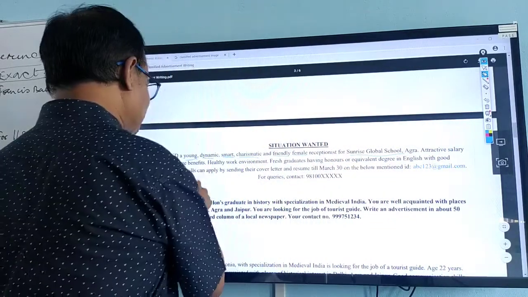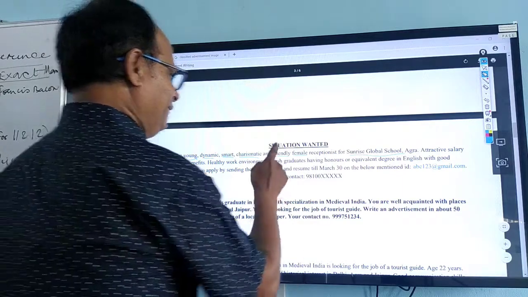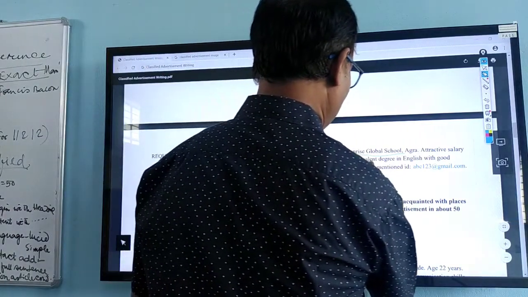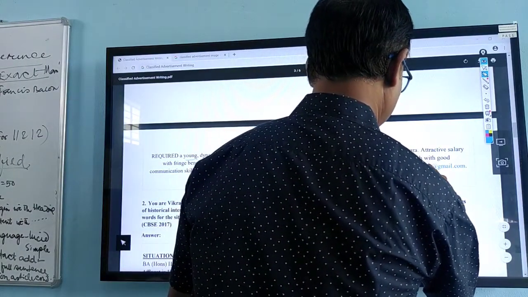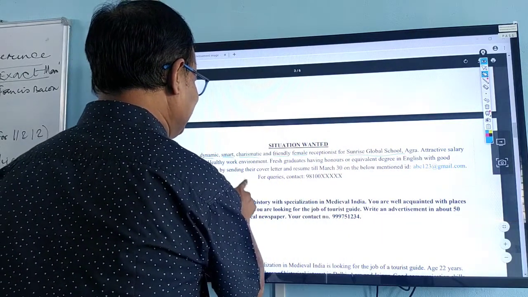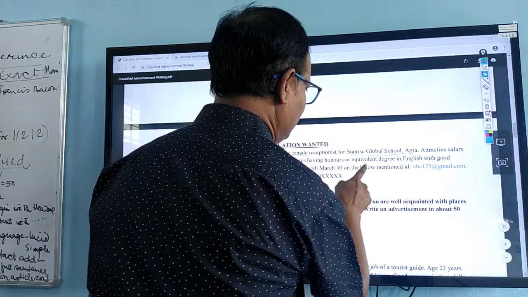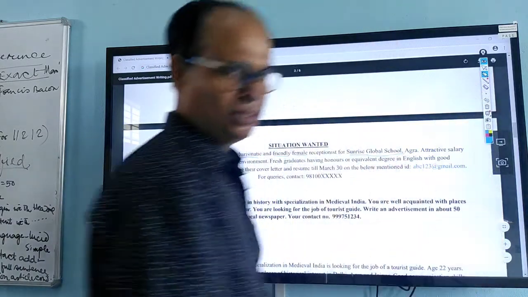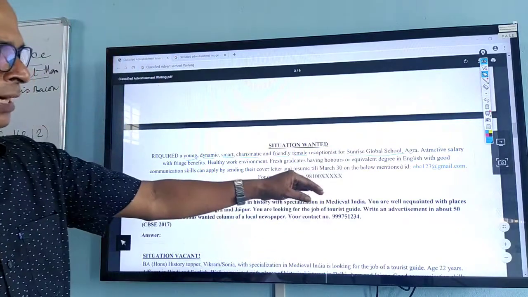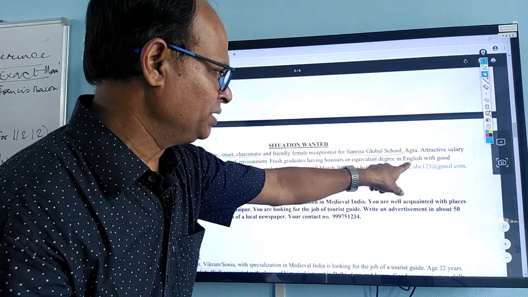attractive salary with a fringe benefit, healthy work environment, fresh graduate having honors or equivalent degree in English with good communication skills can apply by sending their cover letter and resume till March 30 on the below mentioned ID. Now see, how you will have to apply and what your qualification is, is mentioned here.